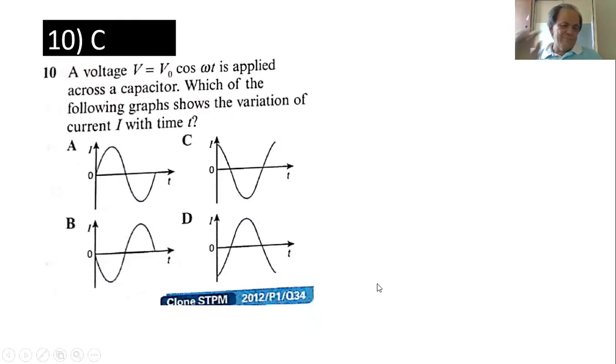Okay, what's the answer? Voltage V is V naught cos omega t is applied to the capacitor. Which of the following graph shows a variation of I with time? A. How do you get A? How do you reason it out?